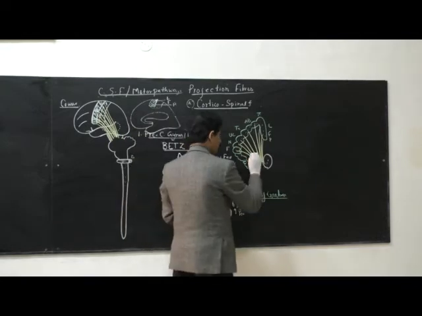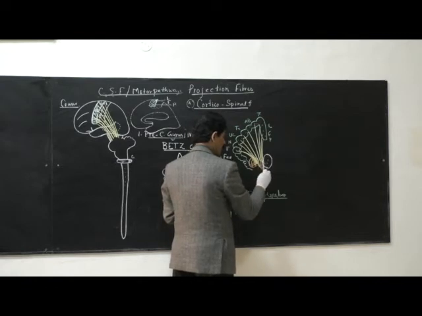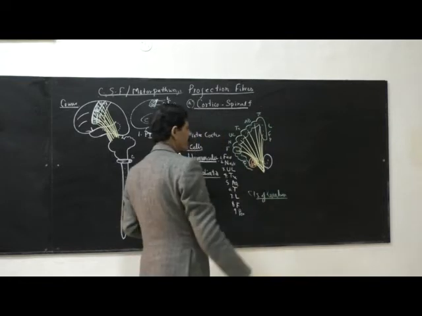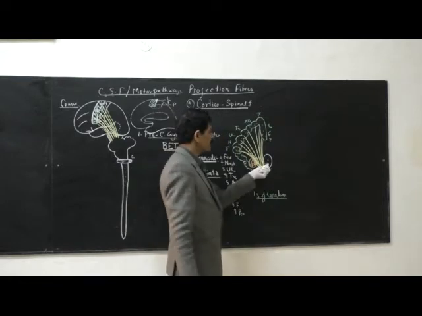Now the fibers of the head region are anterior, then comes the sequence of the neck, then the fibers of the upper limb, thorax, abdomen and lower limb. So this is the sequence of the fibers here. These fibers assume a linear picture between the thalamus and the lentiform nucleus.